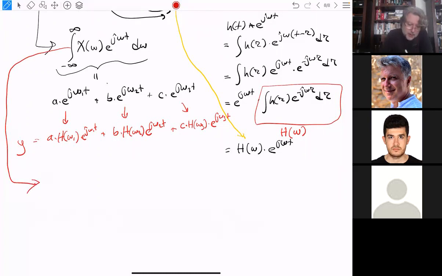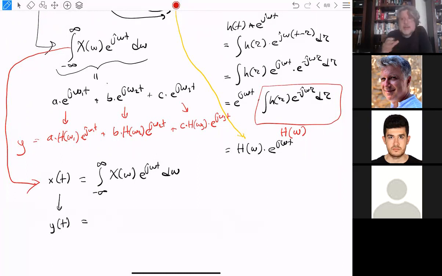Now let me go back to black. If x of t is this, then correspondingly y of t will be the same combination of the output of each of these individual components inside the integration.